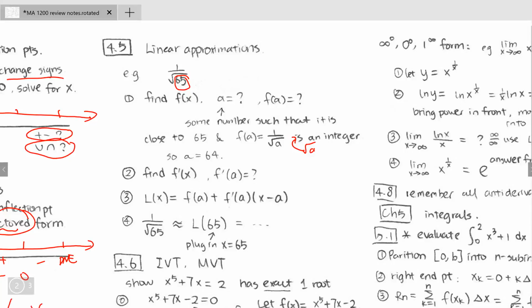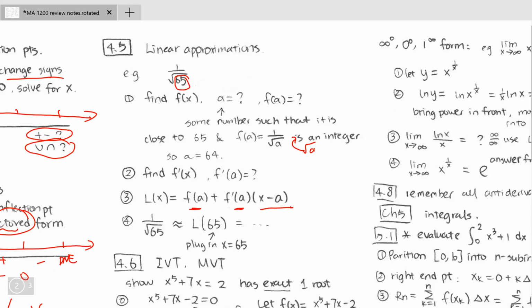Okay, so a second step, we find the derivative, we plug in a. Okay, so in this process, you should be able to calculate the number without a calculator. Okay, the third step, use the tangent line equation. So that's the y value, f(a), plus the slope, f'(a), times (x minus a).